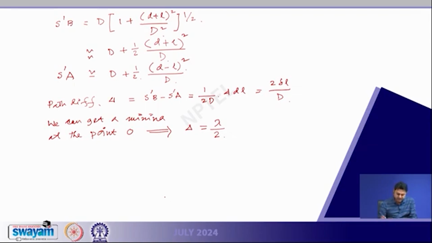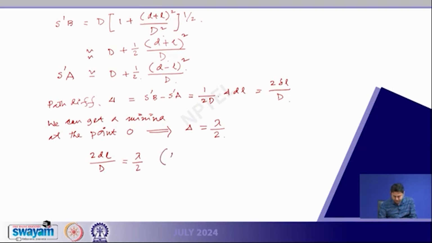Now if S prime is producing a minima there, then what we are getting is 2DL divided by D equals lambda by 2.